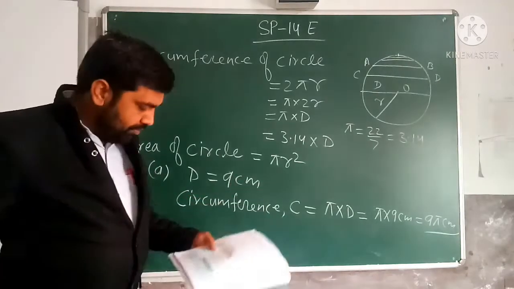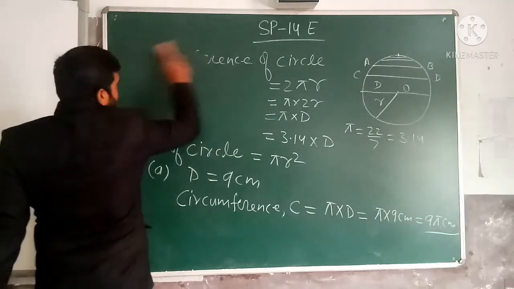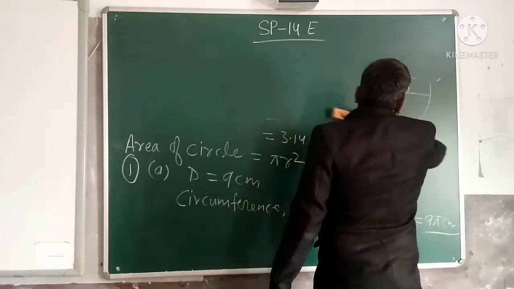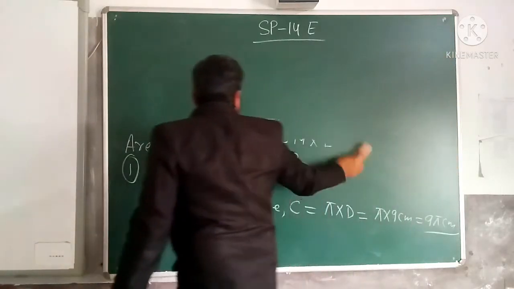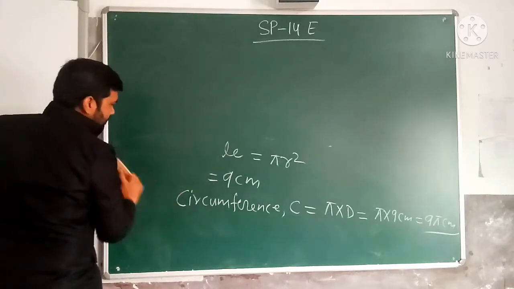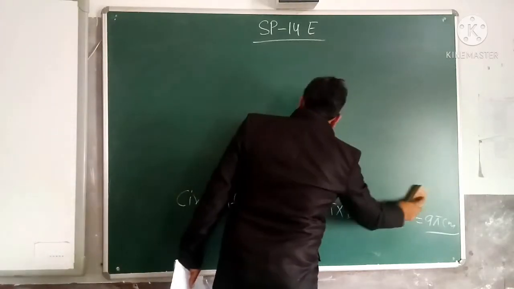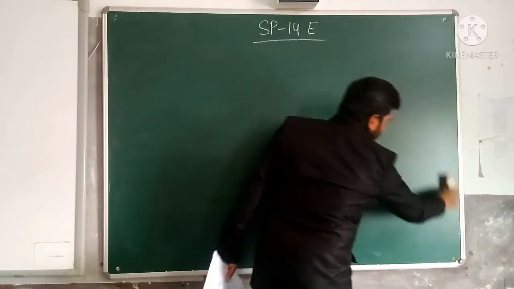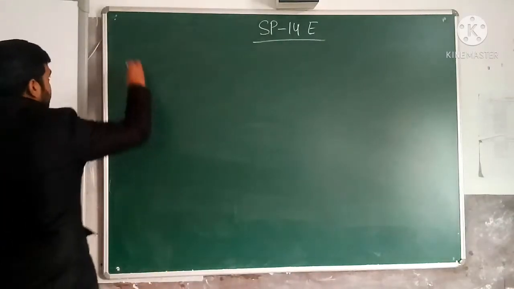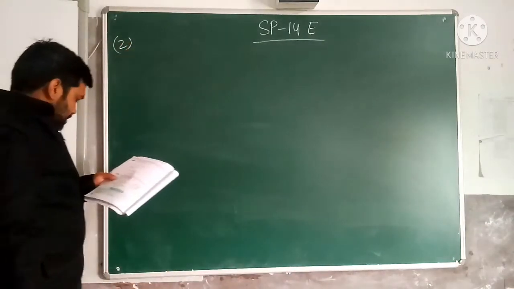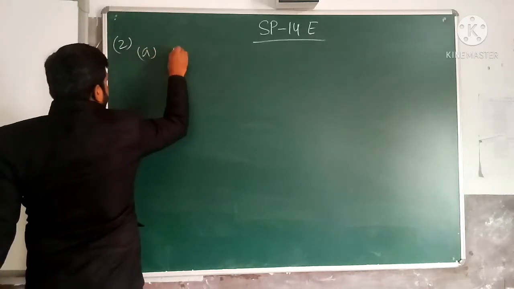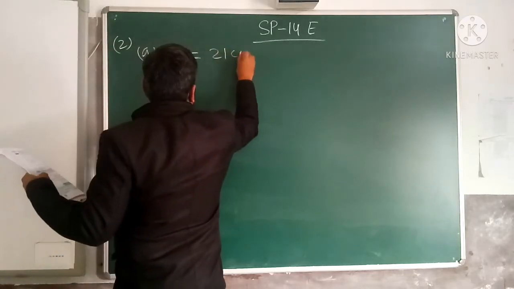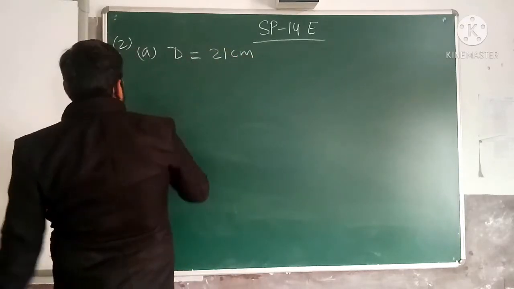Similarly, you can do the remaining questions. Now we move to question number 2. In this question we have to use the value of pi as 22 by 7, and we have to find the circumference again.